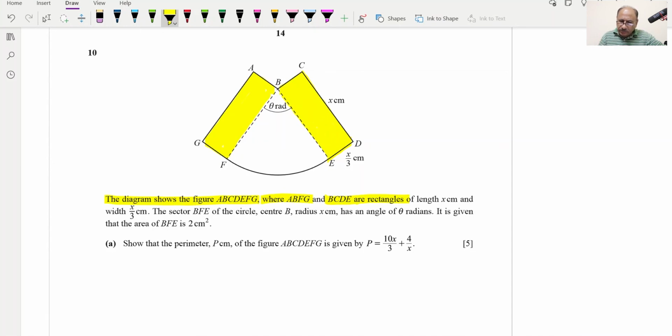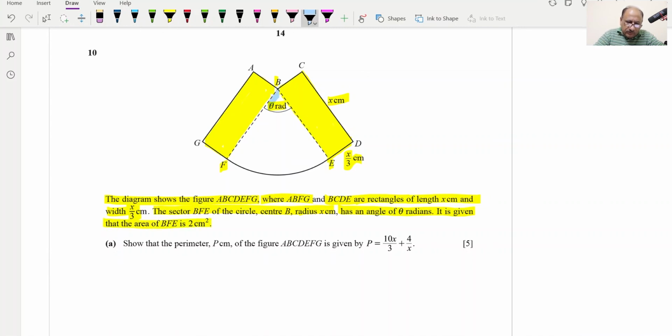These are two rectangles of length x, this side is x, and width x by 3. The sector BFE, sector B is this one, F is this one, and E is this one. So sector BFE of the circle, center B, radius x, has an angle of theta radian. It is given that the area of BFE is 2 centimeters square.